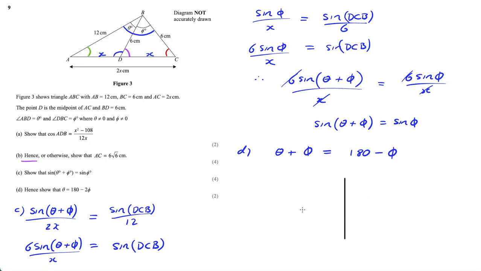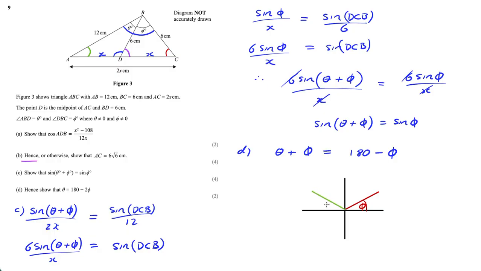In our unit circle, if this is phi, let's say this is phi here, and it has the same sine as some other angle over here.